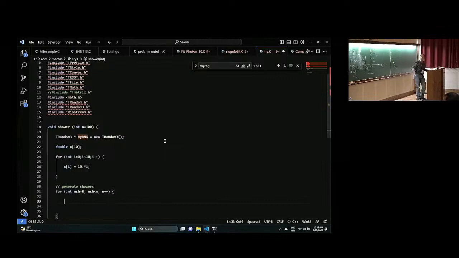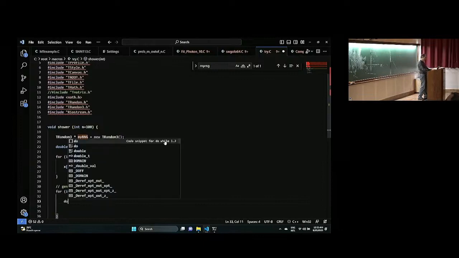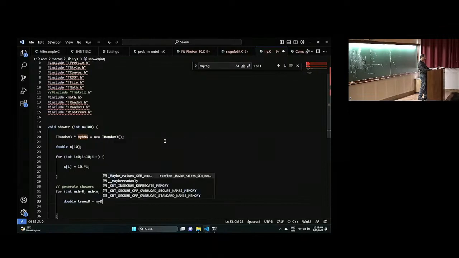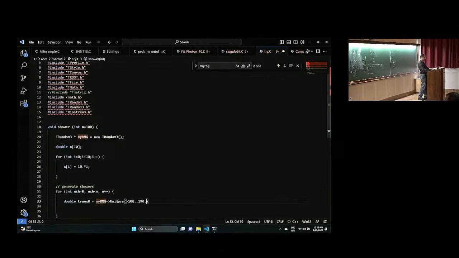We have to take that model and we have to take that parameter. So we take a parameter x0, and for us the true x0 will be a call to my RNG, a uniform between minus 100 and 190, let's say, because our detectors are from 0 to 90.